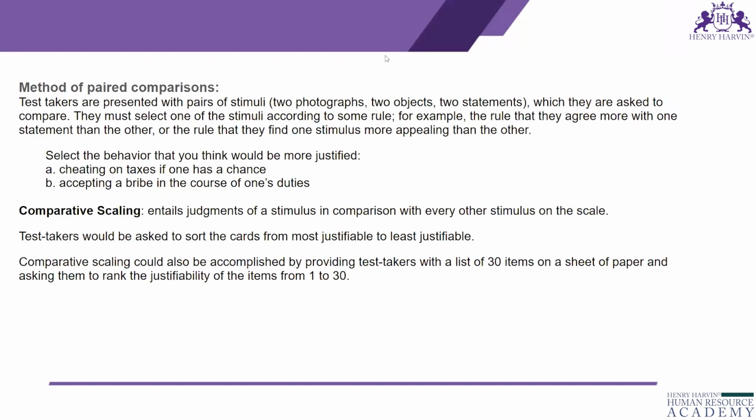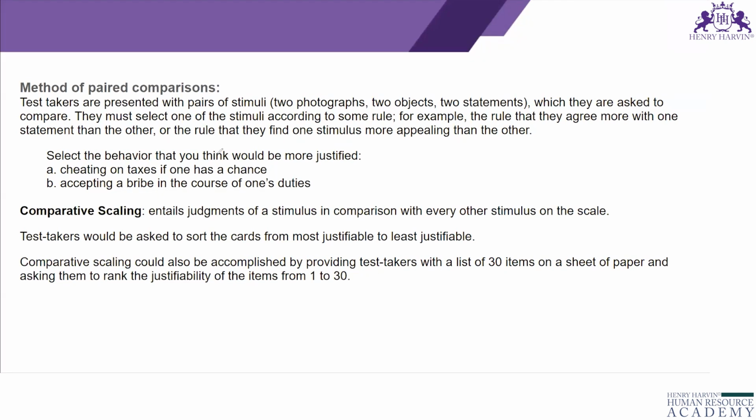Then there is paired comparison as well. Few scales will have paired comparison, which means test takers are presented with pairs of stimuli. Like 2 photographs can be there, 2 objects can be there, 2 statements can be there, which they are asked to compare. This or this, so you have to choose one.